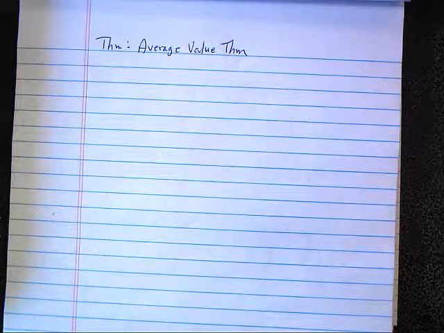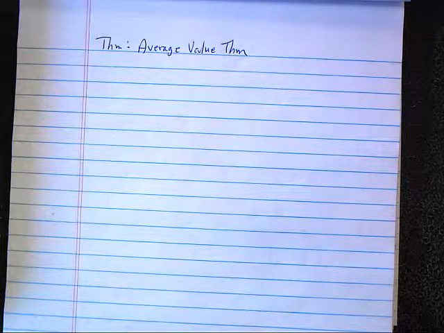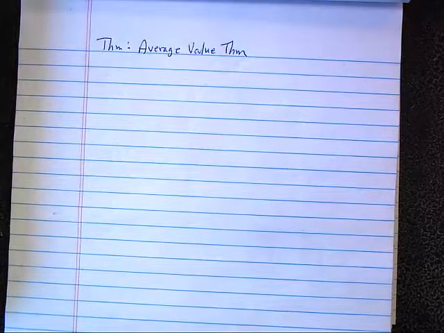So for example, if you have 5 test scores, to find the average of your test scores, you would add the 5 exams and then divide by 5. How do you find the average if you have an infinite number of numbers?